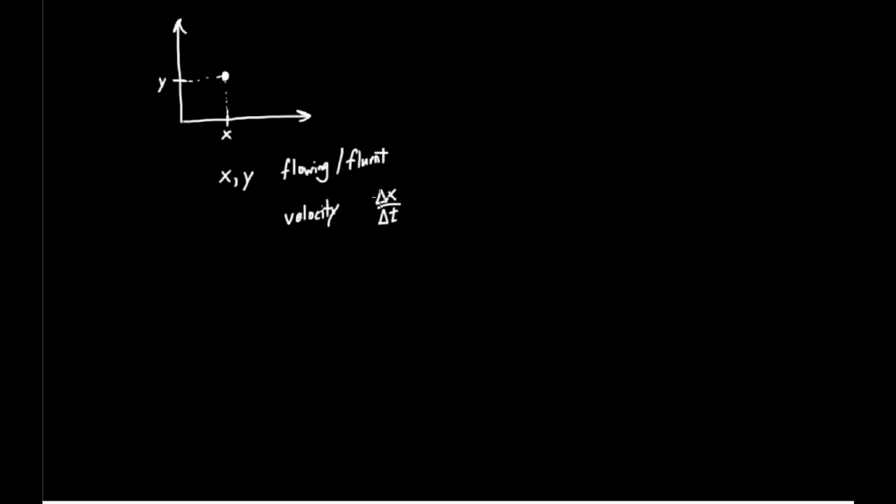And nowadays, we might notate such a velocity in the x direction as dx/dt. Newton is going to notate this as x dot. So x dot is going to stand for the velocity in the x direction. And correspondingly, y dot is going to stand for the velocity in the y direction.